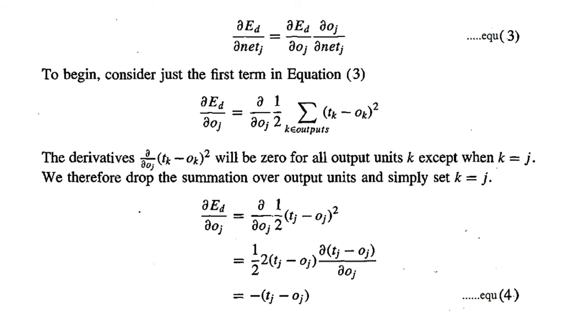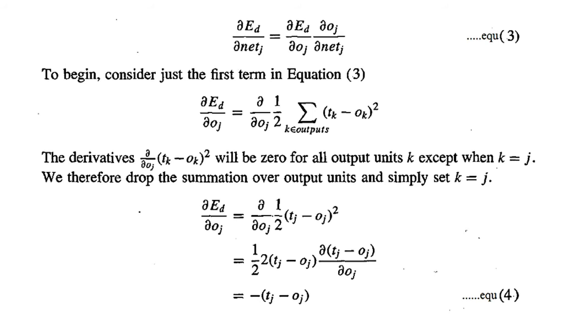To begin, consider just the first term in equation 3, that is, the derivative of error with respect to o_j, which is the derivative of half of the summation over all k belonging to outputs of (t_k minus o_k) whole squared.